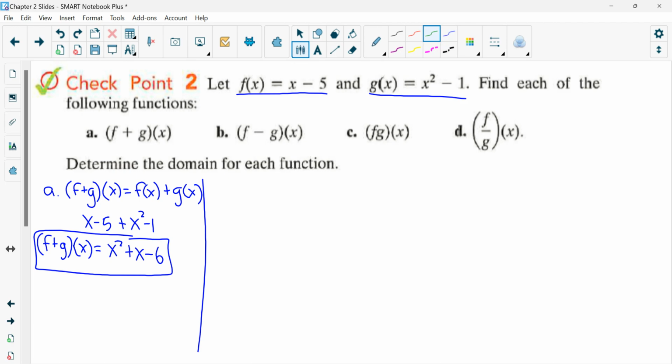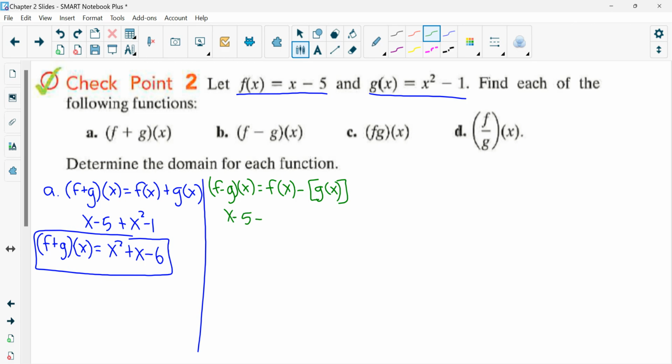When we do this letter B, if we're doing f minus g of x, that means we're taking the f of x function and we're subtracting the g of x function. So f of x equals x minus 5.